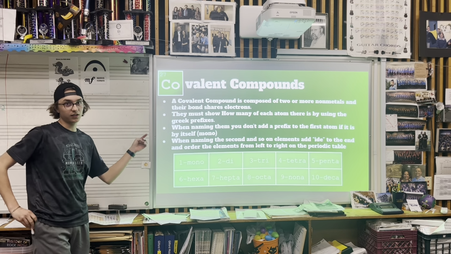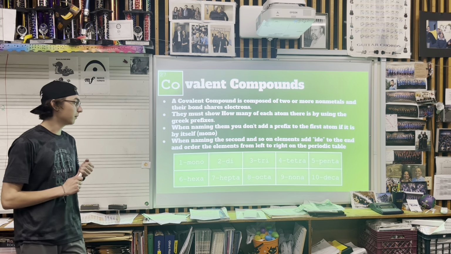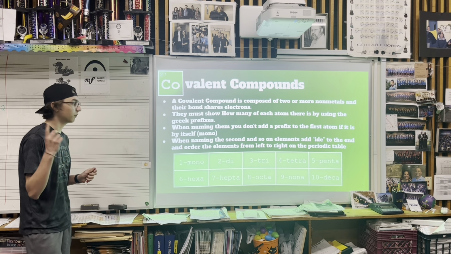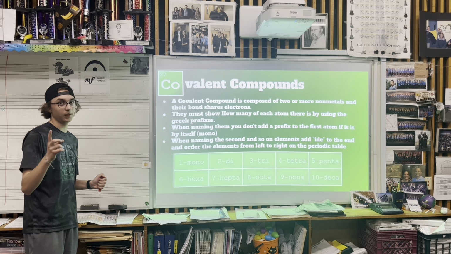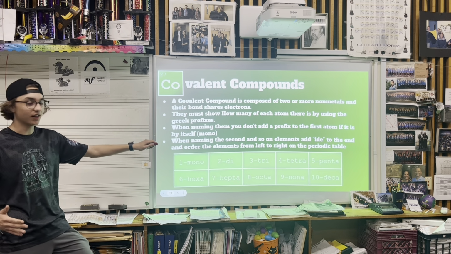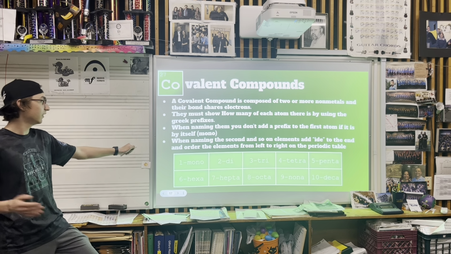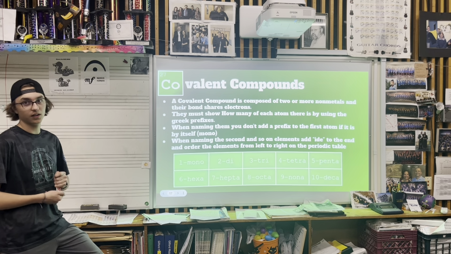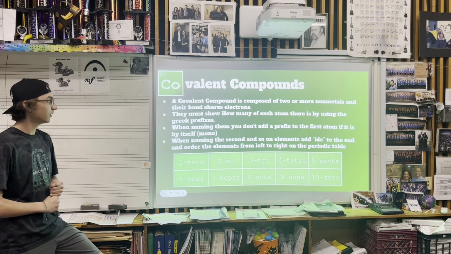And one important thing to note is that when naming them, if the first element listed only has one of itself, you don't put the mono, and that only applies for the first one. When naming the second and so on elements in the compound, you want to add "-ide" to the end and order the elements from left to right on the periodic table.